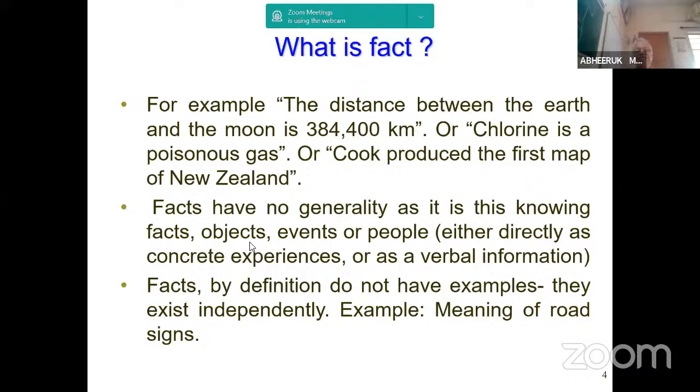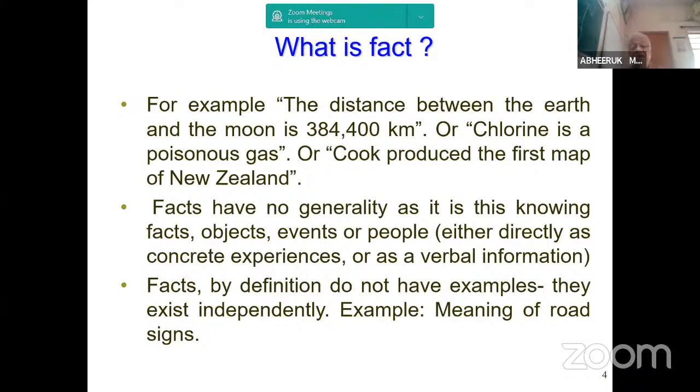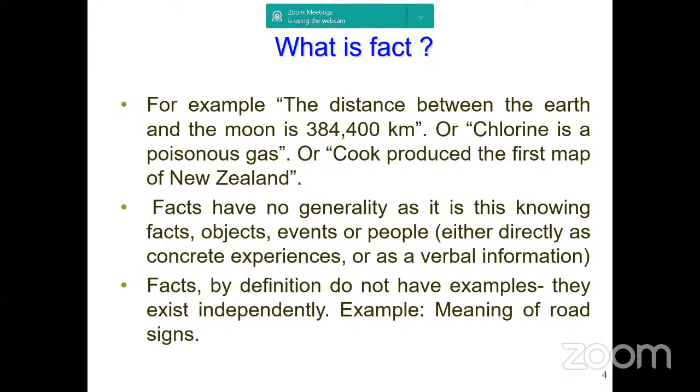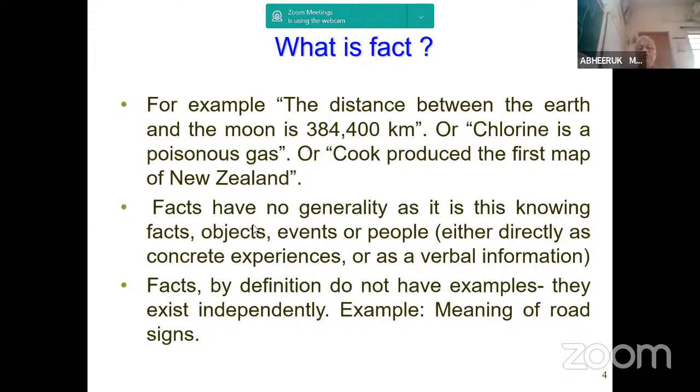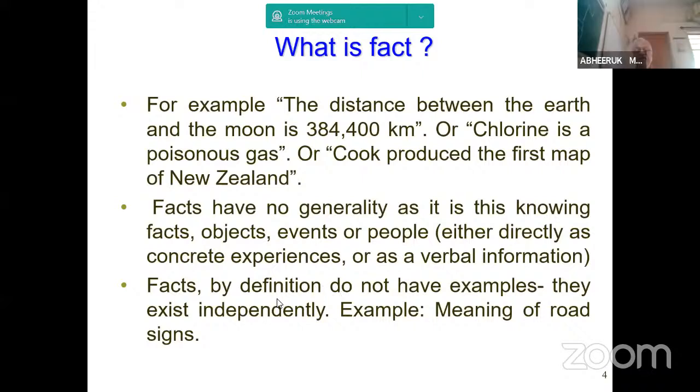Here, facts, you cannot generalize them. Nothing to understand, it is just knowing facts. Anything you want to ask? Okay, so you cannot generalize a fact. A fact is a fact, just as it is, you have to learn it. So a fact by definition does not have any example.